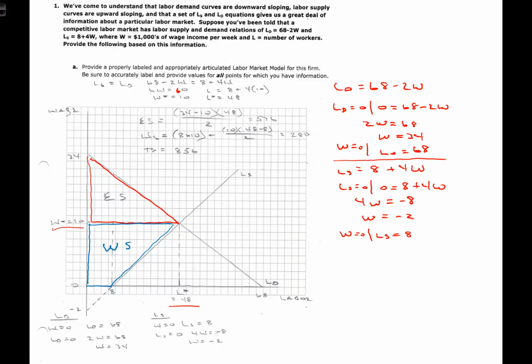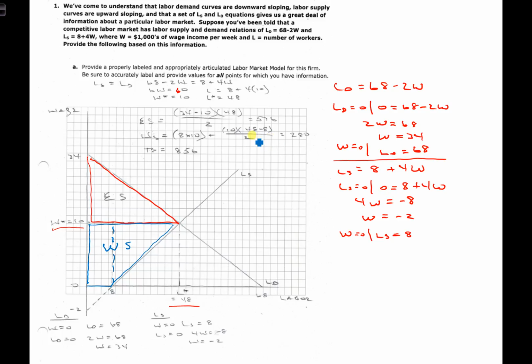So in this case, we have to think about this as a rectangle and a triangle. And the rectangle is going to be a height of 10, a base of 8, so that's going to be 80, so 8 times 10. And then the triangle will be, again, a height of 10, so 10 minus 0, and now a base of 48 minus 8, and then that divided by 2.